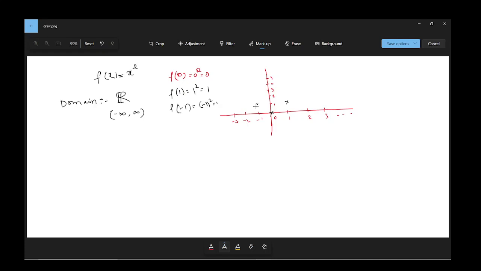So at minus 1 it is 1. Similarly, f of 2 is 2 square, which is 4. So at 2 it is 4. f of minus 2 is also 4, because minus 2 square is 4. So if you graph this, you get a parabola like this.